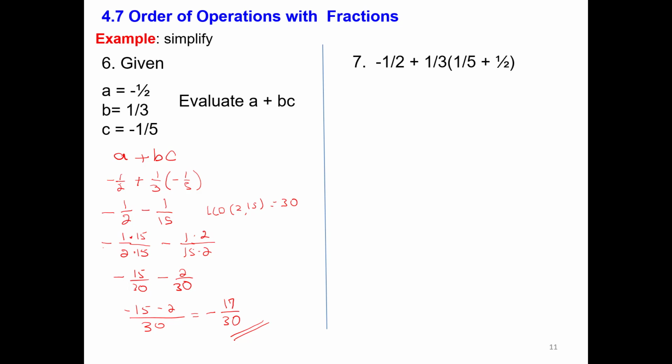In the next example, we have group symbols, parentheses, multiplications, and additions. According to the order of operations, first we need to solve the group symbols, then multiply, and finally, in the last part, add.